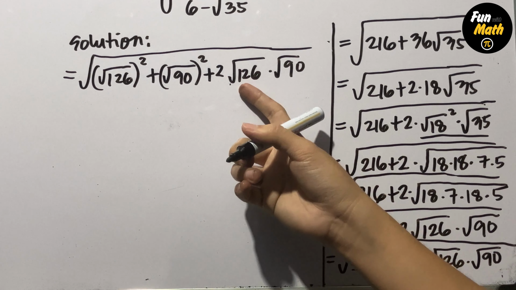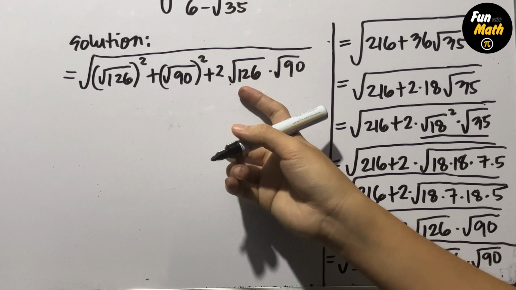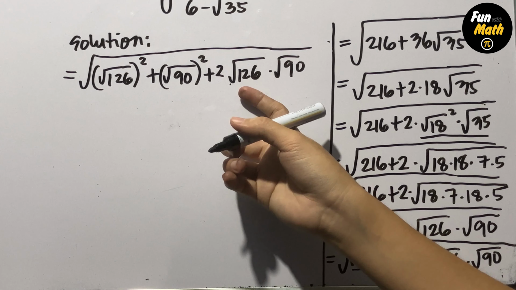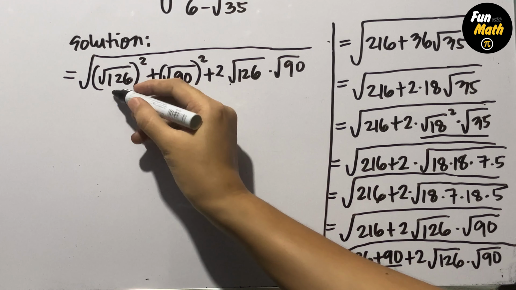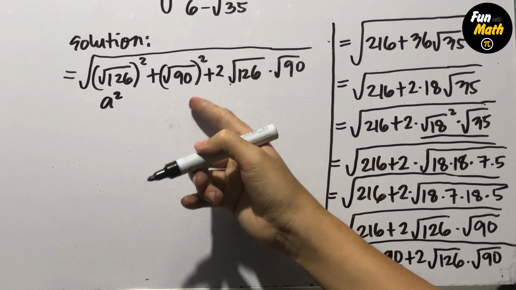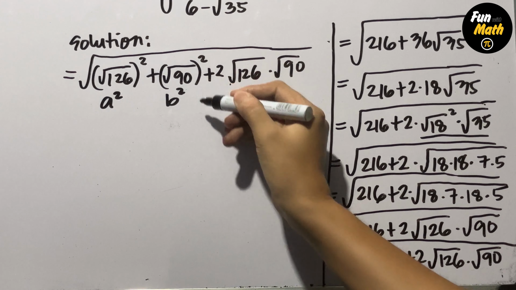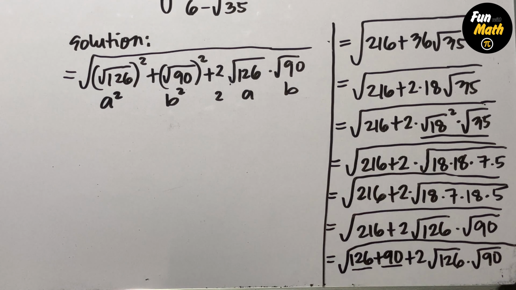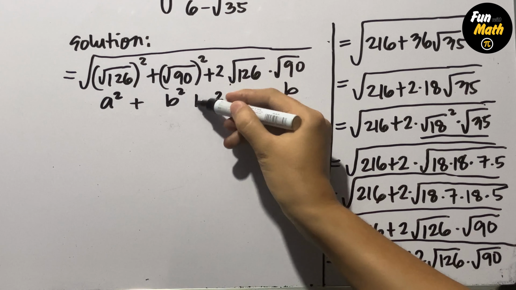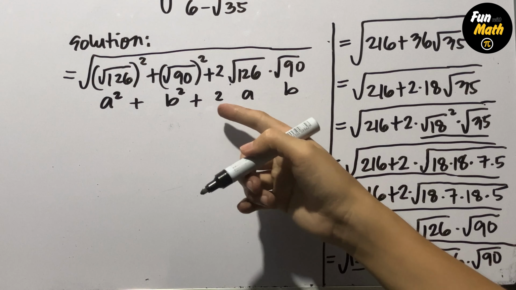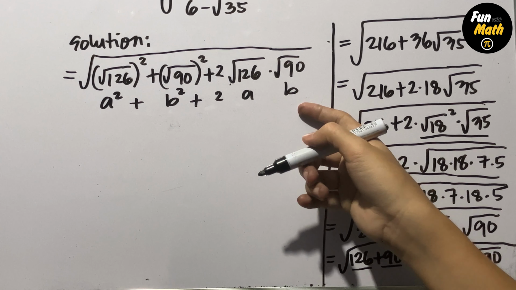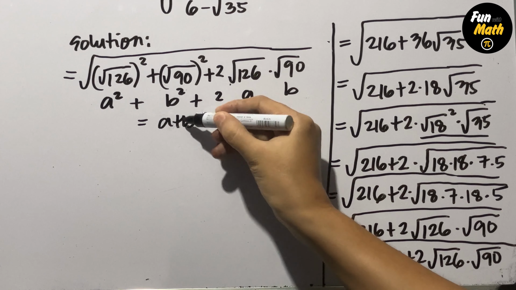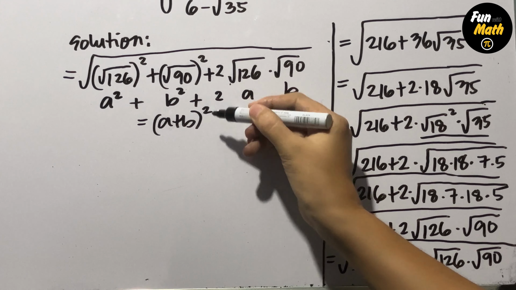Now, if you observe, this is an expanded form of an identity, a plus b whole to the power of 2. Let's say this is a squared, and this is b squared, and this is 2ab. So that is plus 2ab, or that is equal to a plus b whole to the power of 2.